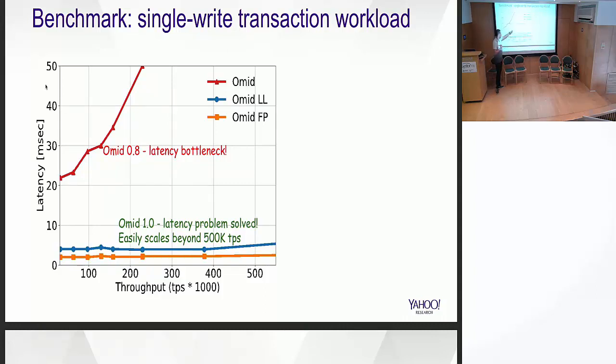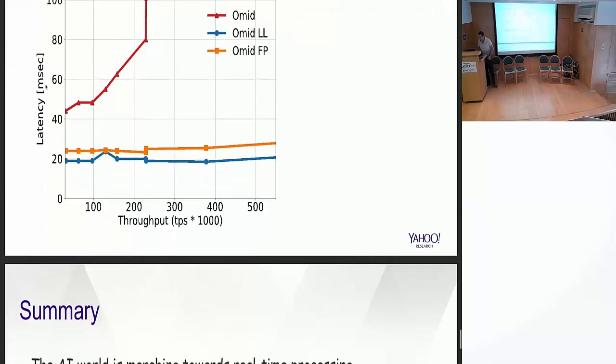However, it hit the performance wall because of the specific protocol, around 200,000 transactions per second, the overhead just became unbearable. Now the new protocol that we've implemented in Omid recently stays flat as we scale.